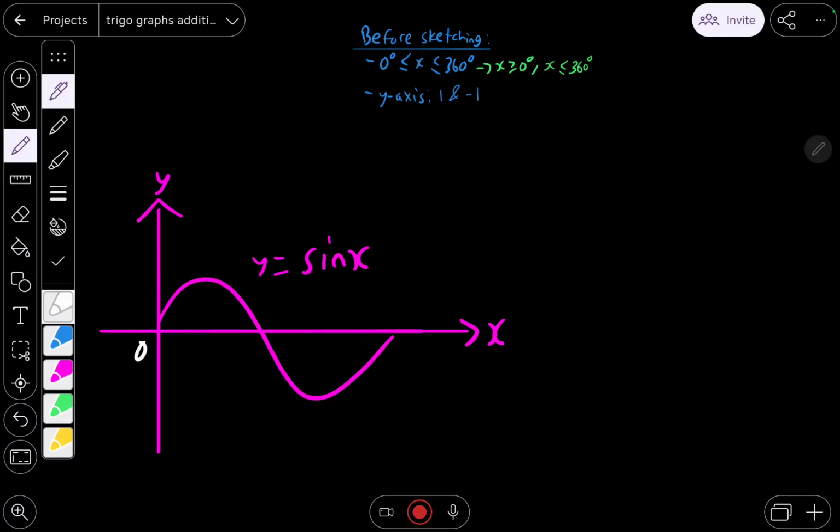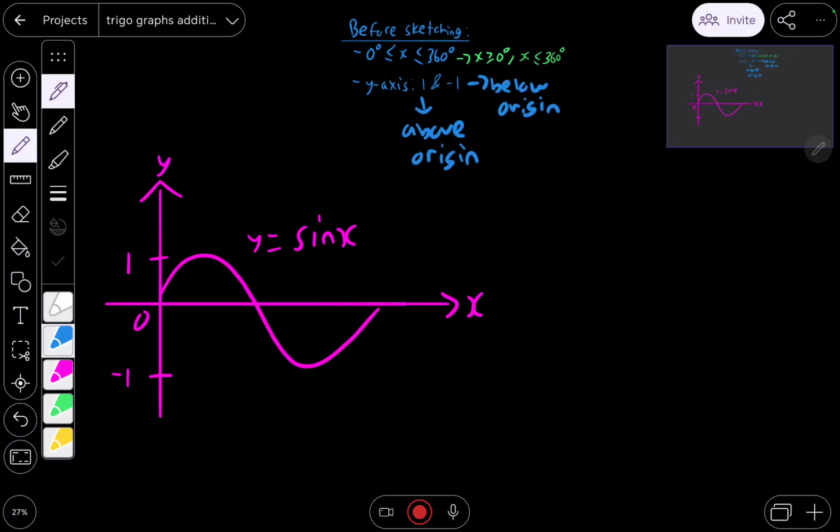All right, so always remember, like what I said, y-axis is 1 and -1, so the top here is 1 and the bottom here is -1. 1 is above the origin, and -1 is below the origin. Okay, two keywords, above and below.